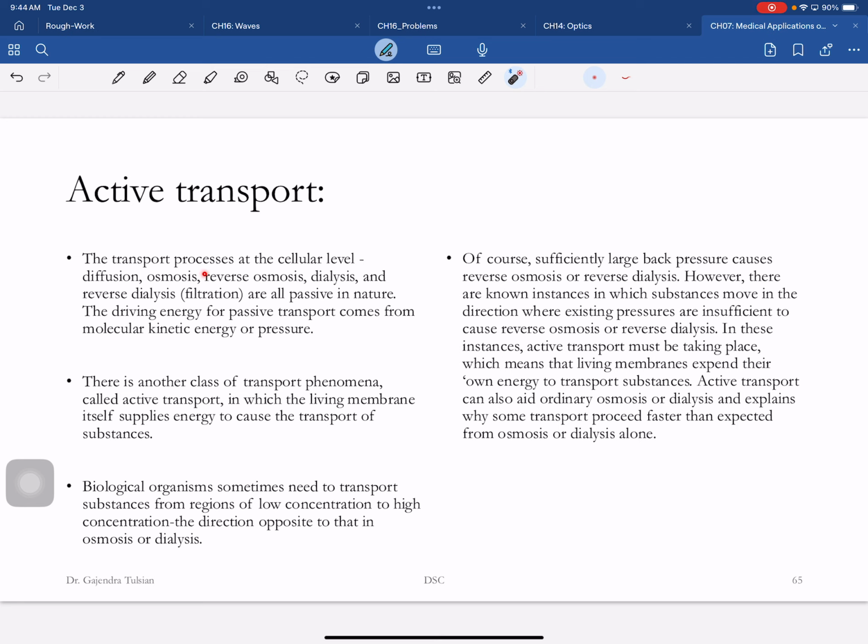So the transport processes at the cellular level are diffusion, which is dialysis, another word for that, osmosis, reverse osmosis. What is reverse osmosis? Reverse osmosis is motion of water from lower concentration to higher concentration, and that happens using pressure.